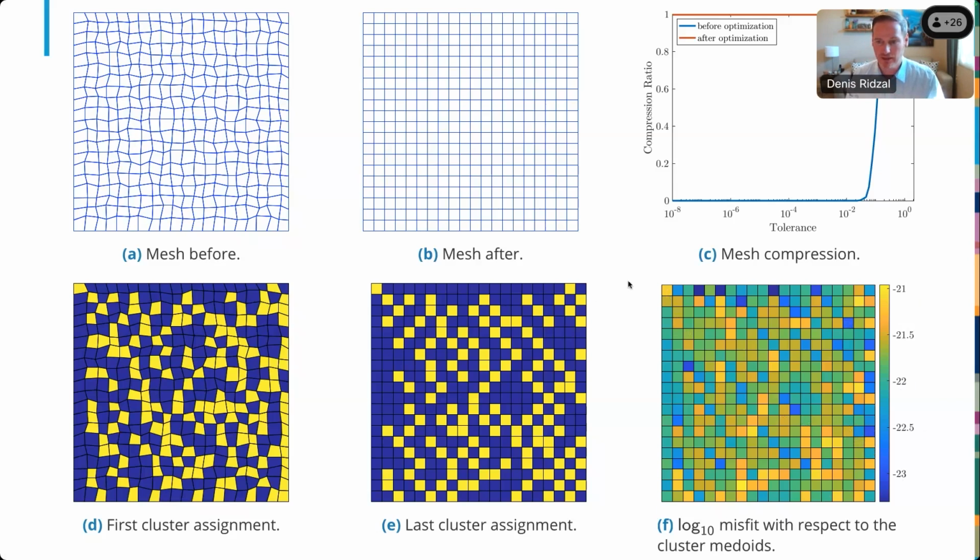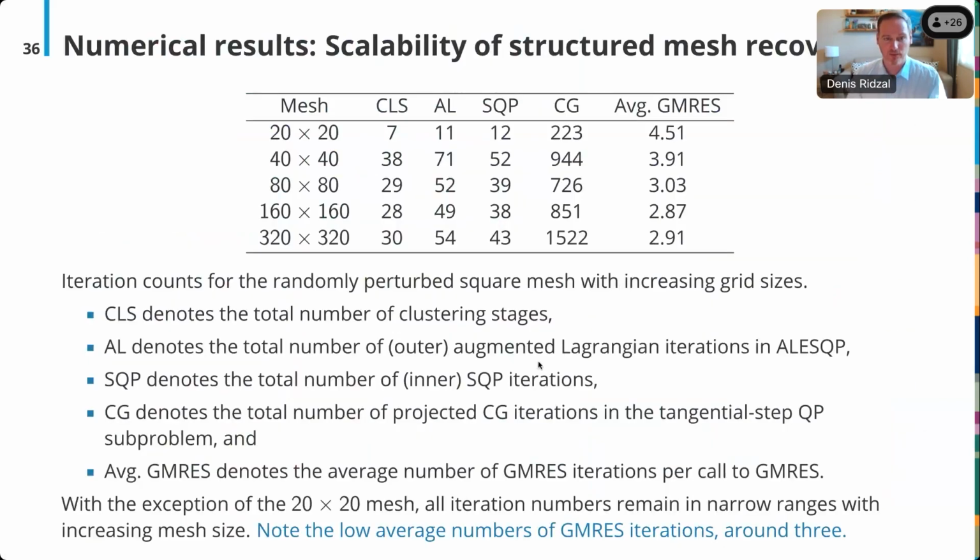Now, this is sort of a boring example, but it allows us to study the scalability of our algorithm. And here are some iteration counts for a sequence of meshes going from 20 by 20 to 320 by 320. CLS here is the total number of clustering stages.